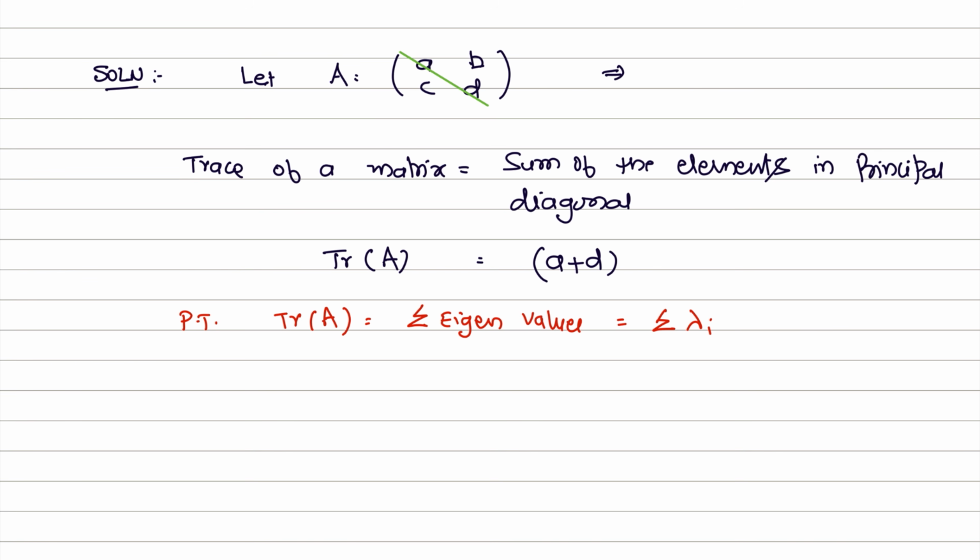Lambda is the eigenvalue. How to find the eigenvalue? There is one formula called the characteristic equation.